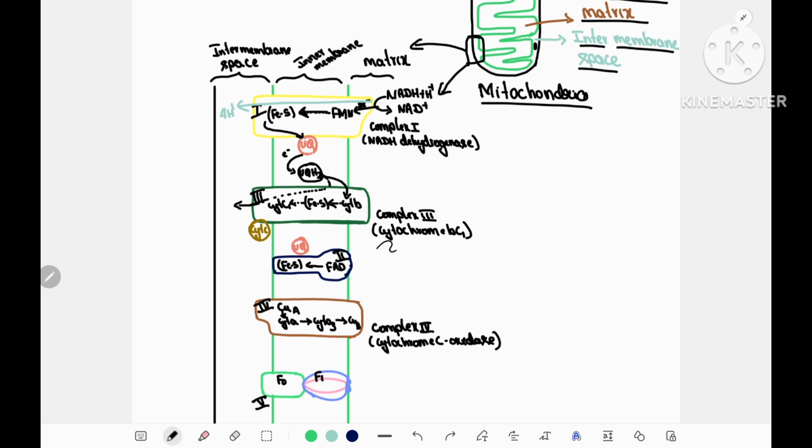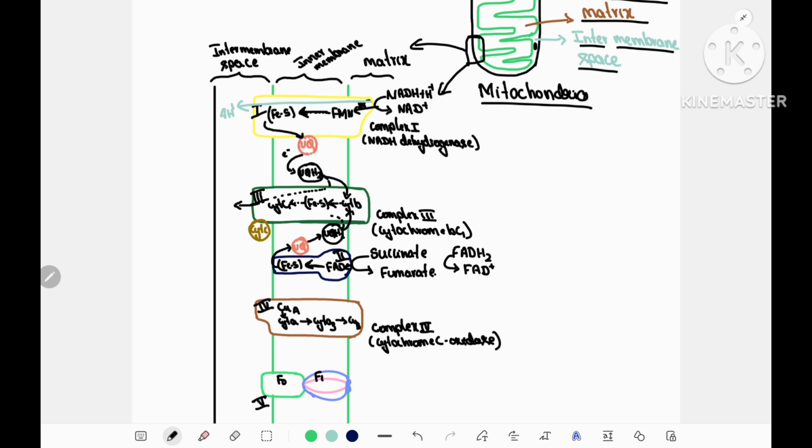Now, at complex 2, during conversion of succinate to fumarate during Krebs cycle, there is production of FADH2, and that FADH2 will undergo oxidation at complex 2, and as a result of oxidation, the electrons are given to carriers of complex 2.